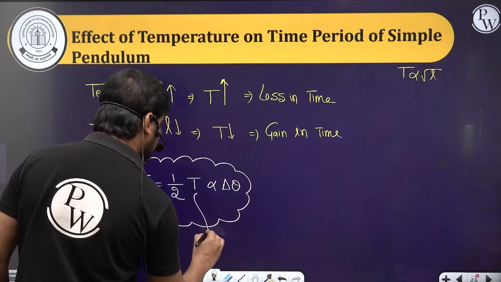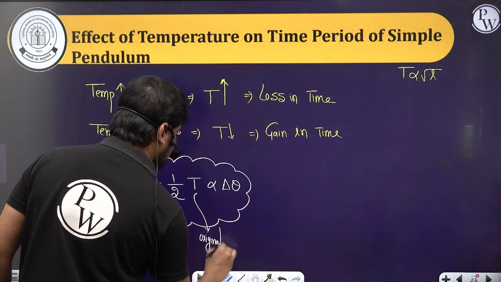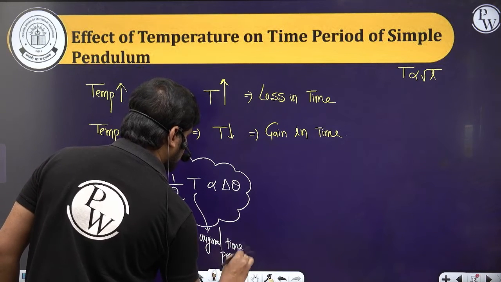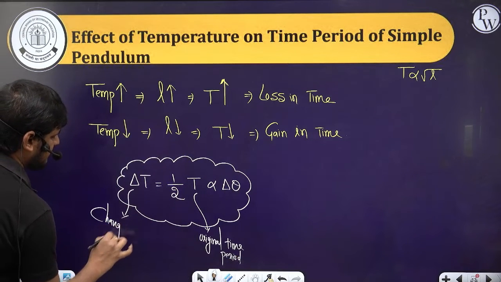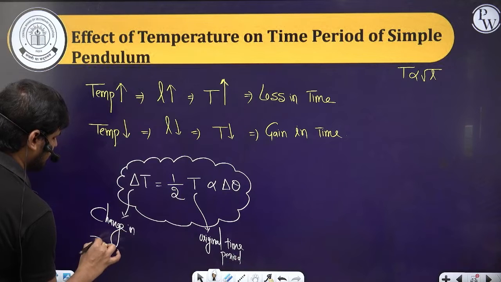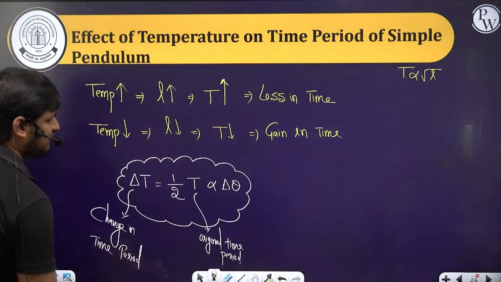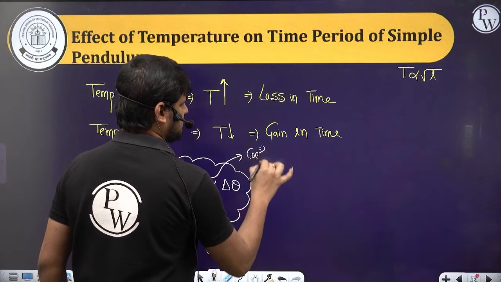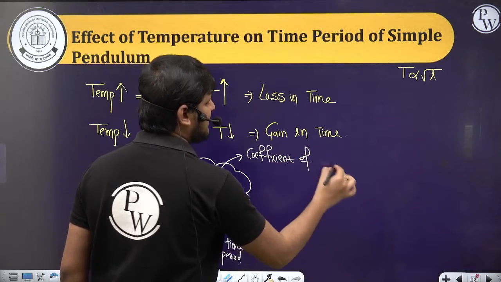So this is the original time period. And then this is the change in time period. And then what is alpha? The coefficient of thermal expansion, or linear thermal expansion.